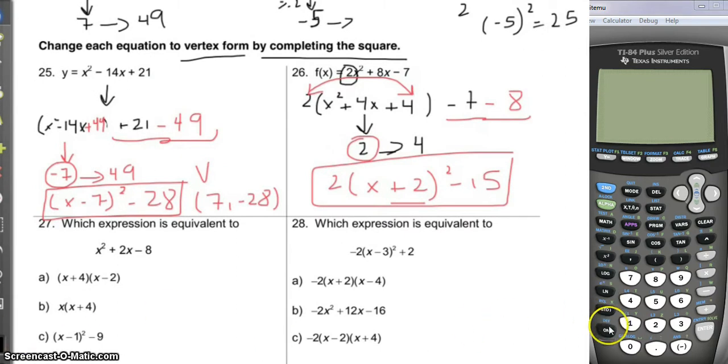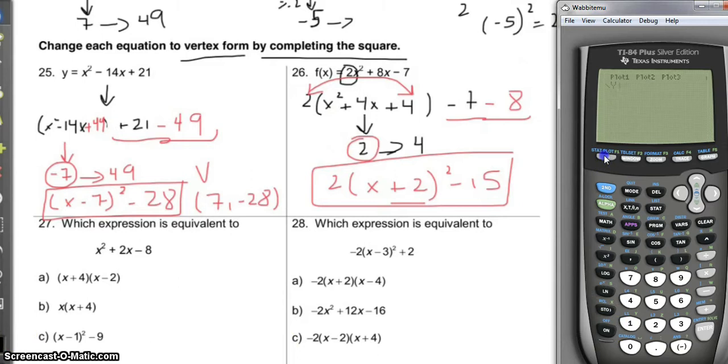On y1 you can type in the equation x squared minus 14x plus 21, and on y2 you can type in the equation that you created. Press enter so it would be bold, so you can tell the difference if it's wrong.